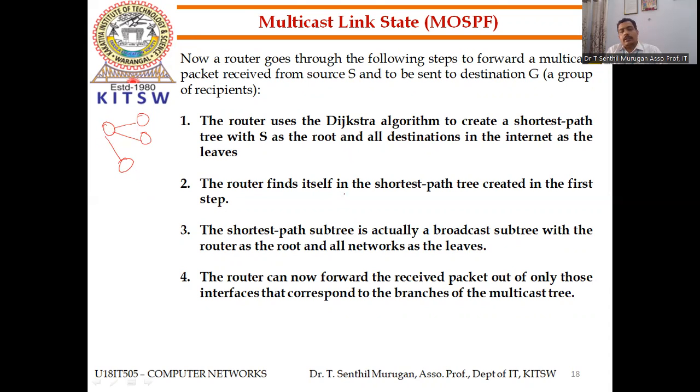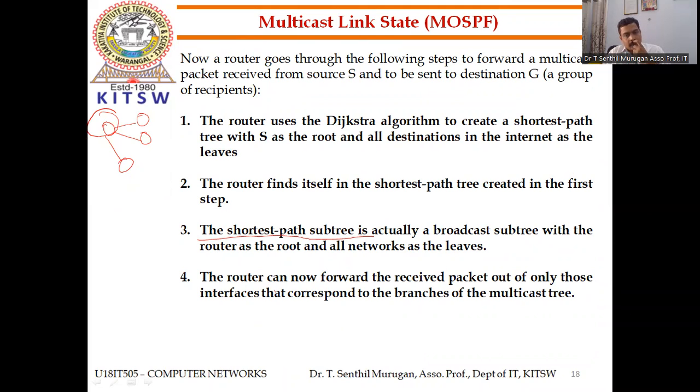The router finds itself in the shortest path tree created in the first step. In the first step, the source finds the shortest path to all the destinations using Dijkstra's algorithm. This shortest path subtree is actually a broadcast subtree, with the router as the root node to all the network. If the router reaches all the nodes, it means it is broadcasting.